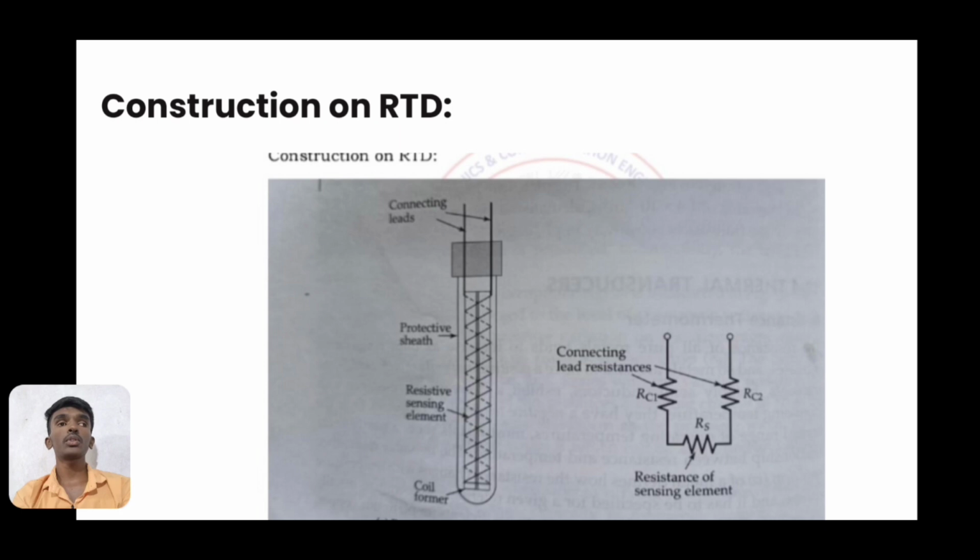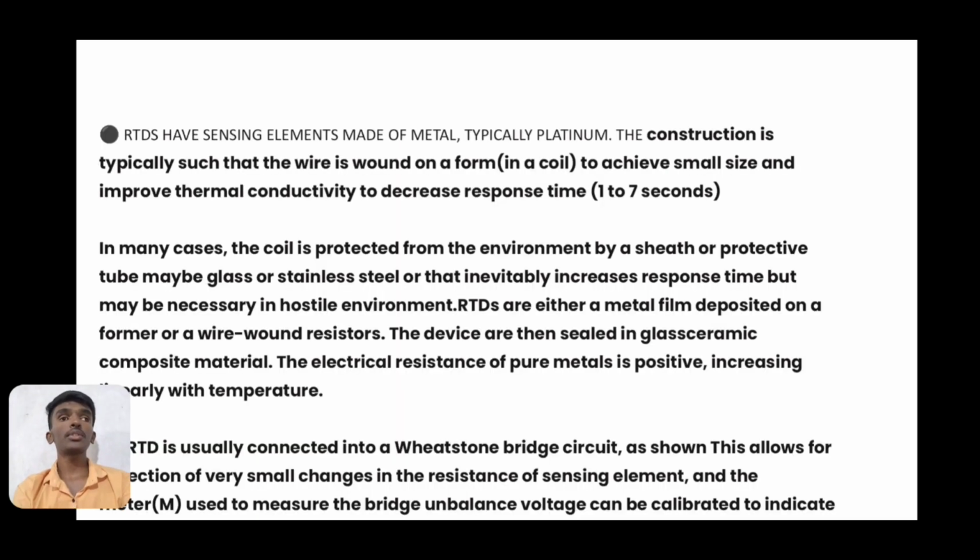Construction of resistive transducer. Let's see on the screen the diagram of construction. A resistive transducer has a sensing element made up of metal, typically platinum. The construction is typically such that wire is wound on a form in a coil, to achieve small size and improve the thermal conductivity to decrease the response time to 1 to 7 seconds.